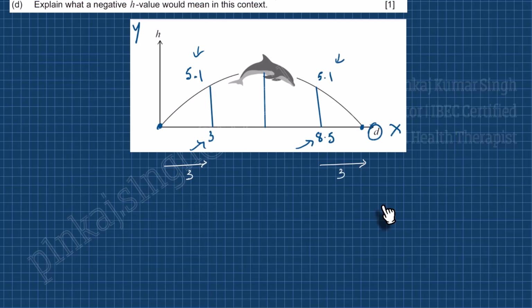Which means the complete distance from the initial point to the terminal point here is 11.5, which is simply 8.5 plus 3. And that tells me that one root of this quadratic equation is 0, which is here at the point where it is starting to jump. And then another root is going to be 11.5 directly.